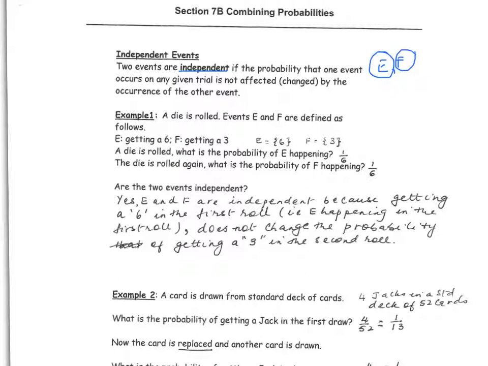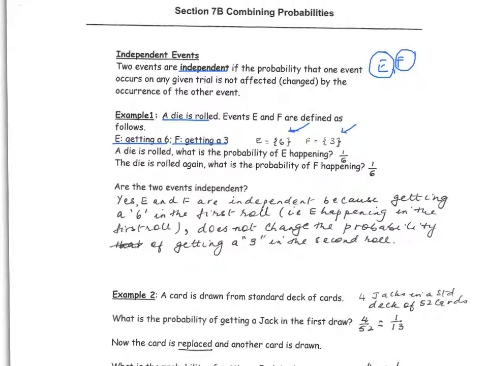The simplest example that we can think of is in the experiment of rolling a die. Suppose we roll a die and we define events E and F as E, getting a 6, F, getting a 3. So events are just written as a collection of objects here using the braces.